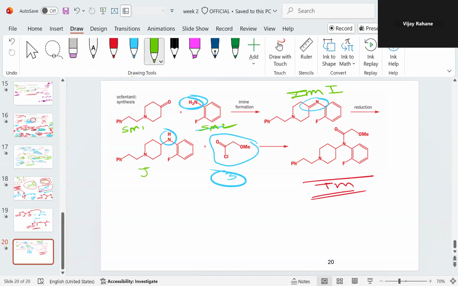Now this is intermediate two. This is starting material three. I will use this terminology, it is a good habit. These are intermediates because we have synthesized them, therefore we are calling them intermediates.